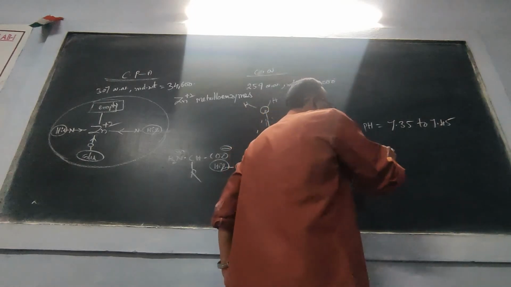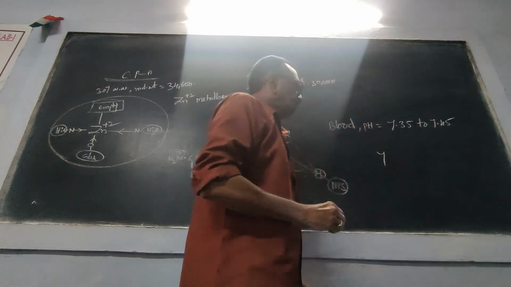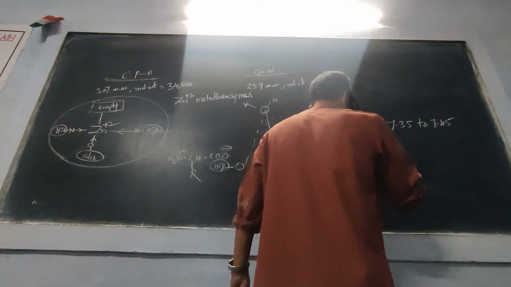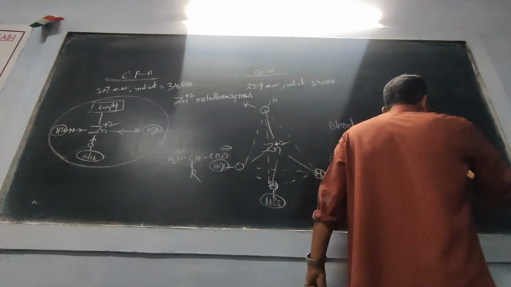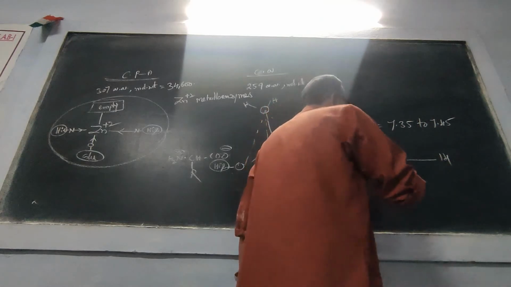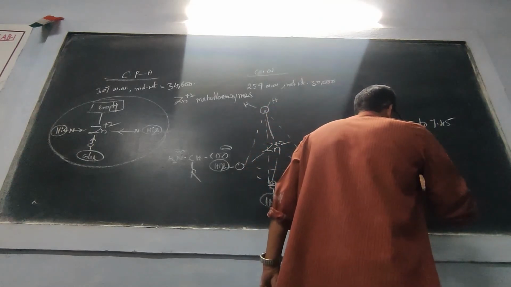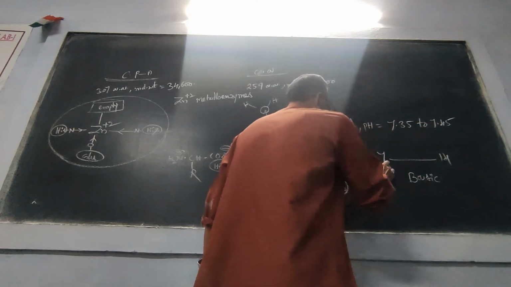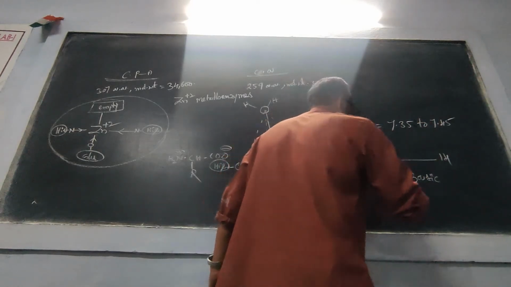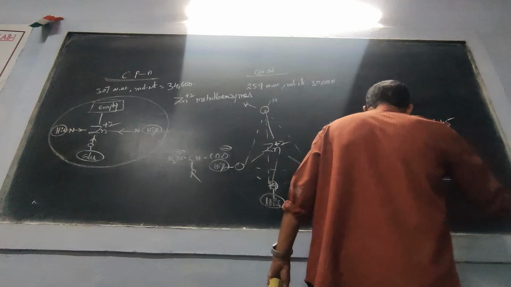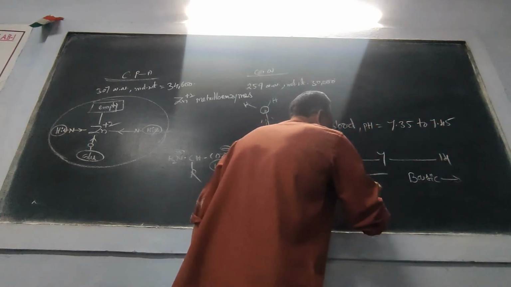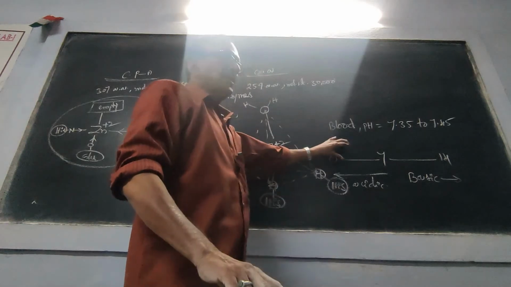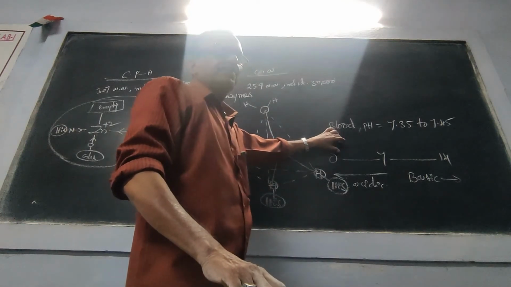So generally, pH is expressed on a scale from 0 to 7 and 7 to 14. From 7 to 1 this is acidic.